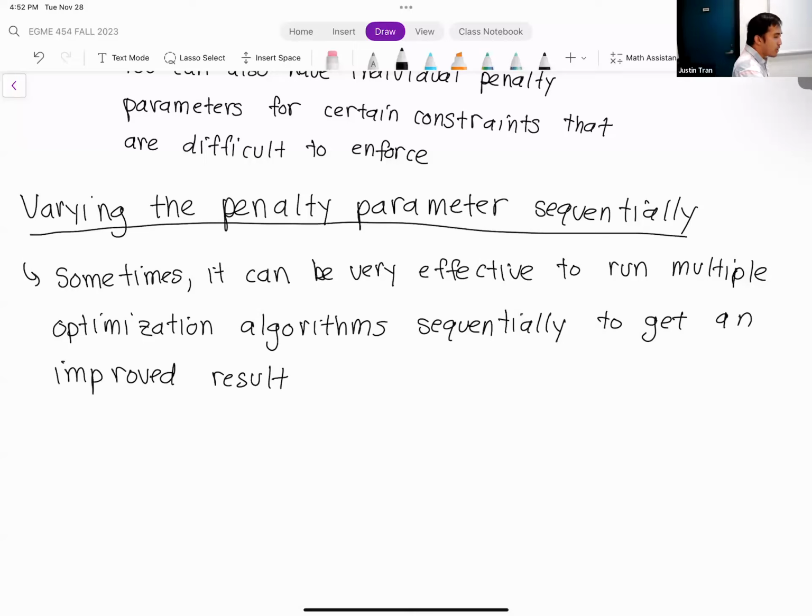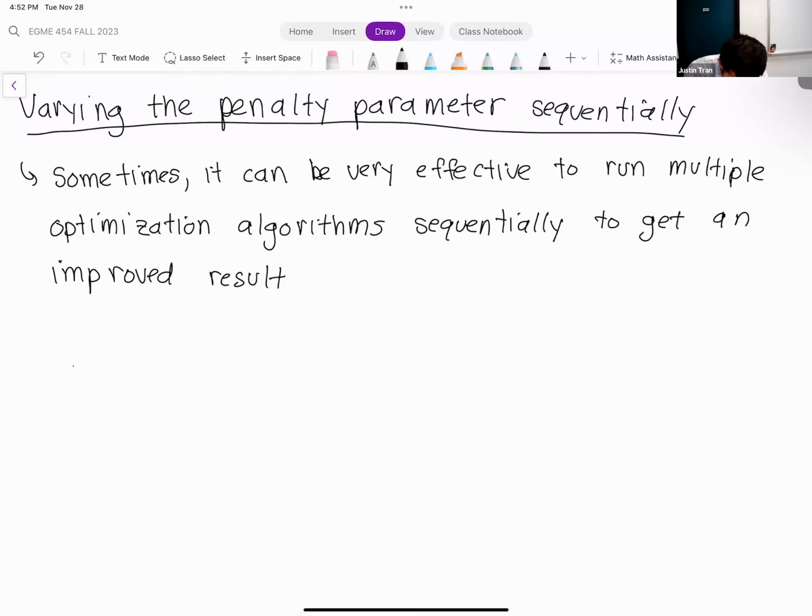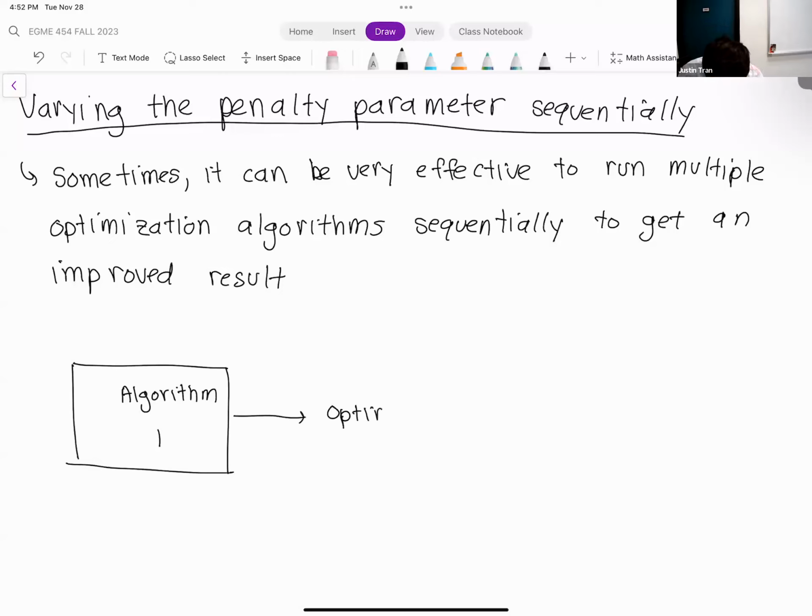And so even though for the final project, I tell you that you can't use Monte Carlo, that's just pure Monte Carlo. And so you can use Monte Carlo in the final project as long as you combine that together with another algorithm. And so visually it looks something like this. Let's say that you run algorithm 1 here. And so at the conclusion of algorithm 1, you obtain some kind of optimal result. We'll call this x1 vector.